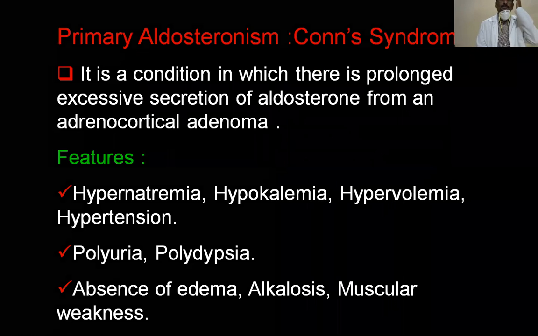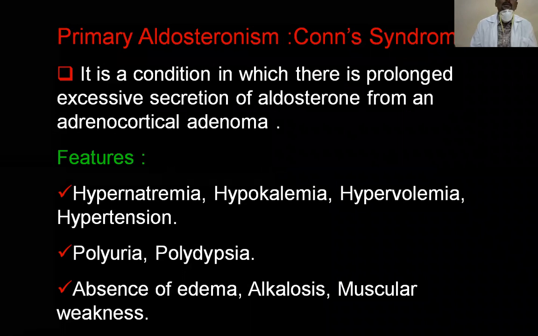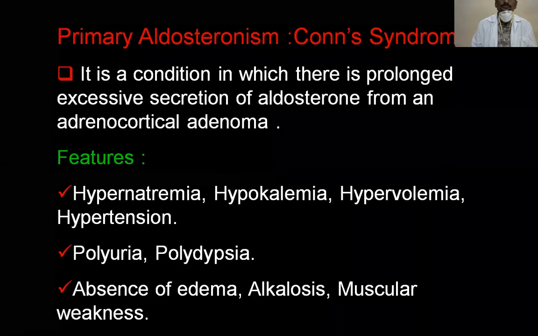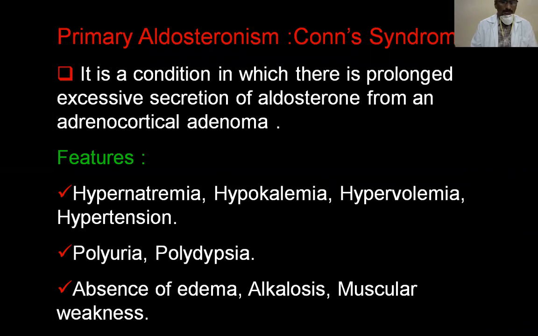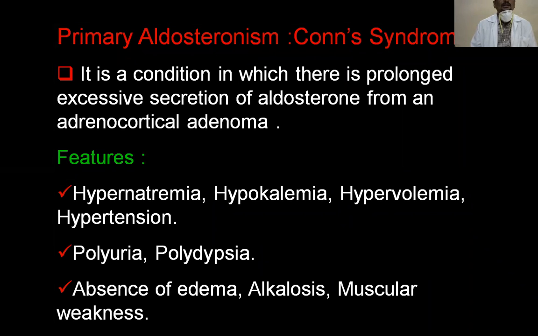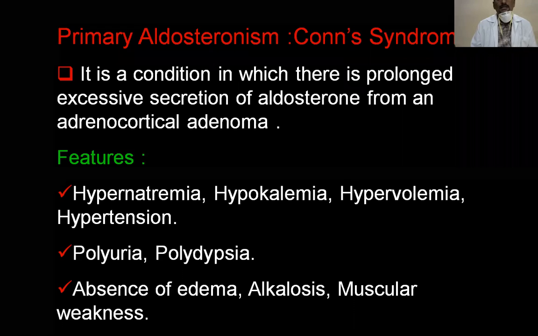Now, whenever the aldosterone level becomes high, as in primary aldosteronism, otherwise called Conn syndrome, it is a condition in which there is prolonged excessive secretion of aldosterone from an adrenocortical adenoma. Due to this condition, where the cells undergo hyperplasia, there is an increased level of aldosterone, hyperaldosteronism.